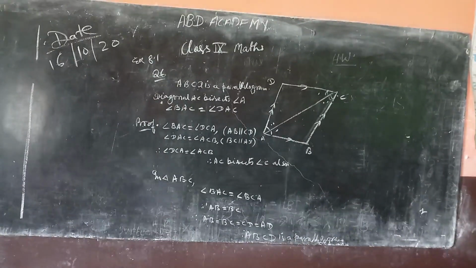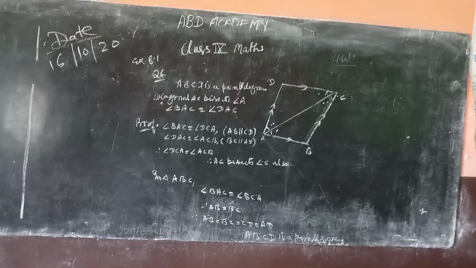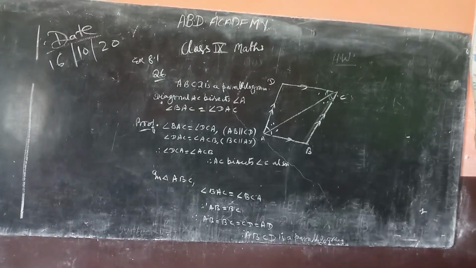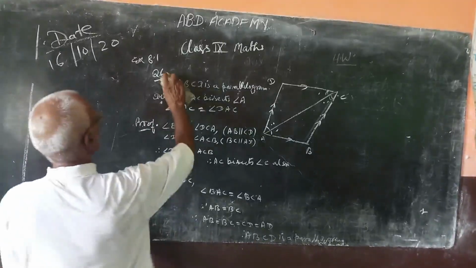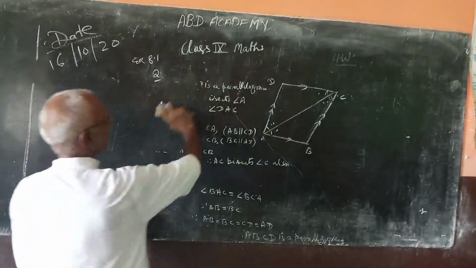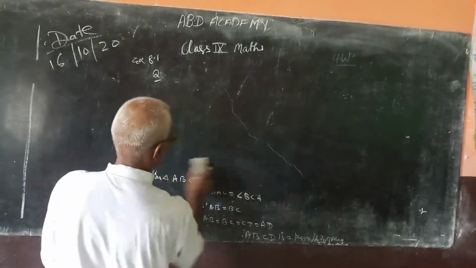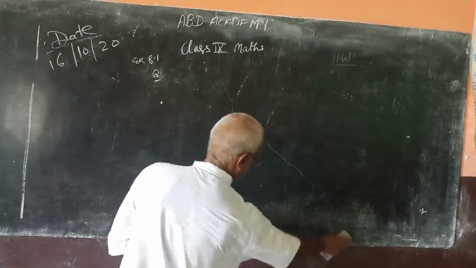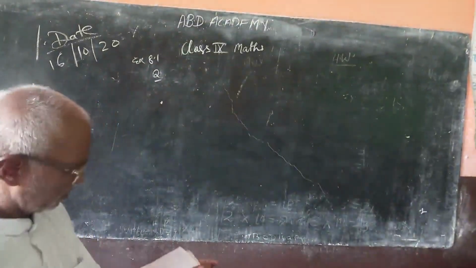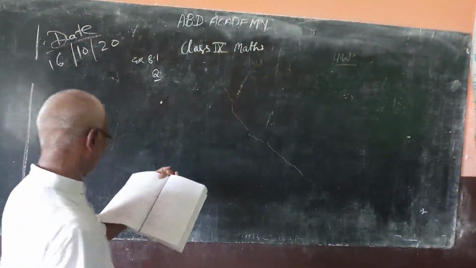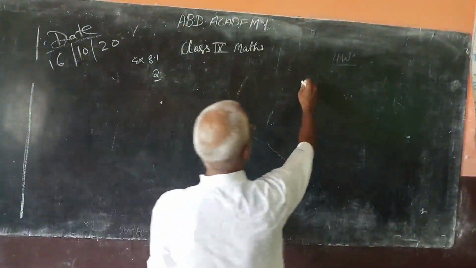Now number 7. In question 7, the proof of the rider is based on the parallelogram. ABCD is a rhombus.